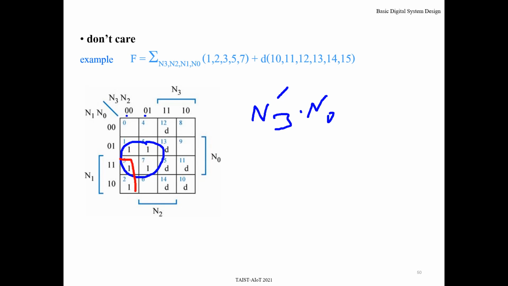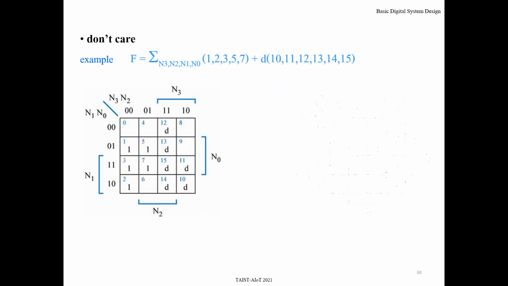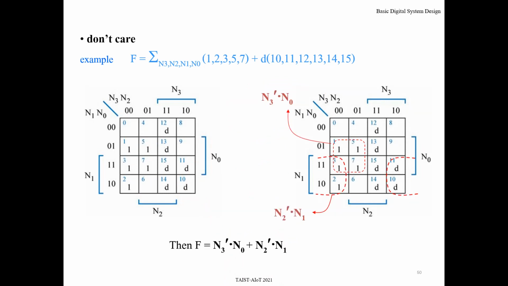If you include these 2 cells, namely if you treat this don't care cell as 1, you can obtain a bigger rectangular group. Now it covers these 4 cells, so it becomes: N3 is 0 here, 1 here, so N3 is absent, N2 is 0, 0, so N2 prime, and N1. That's all. So the new function is this product term plus this product term, like this.